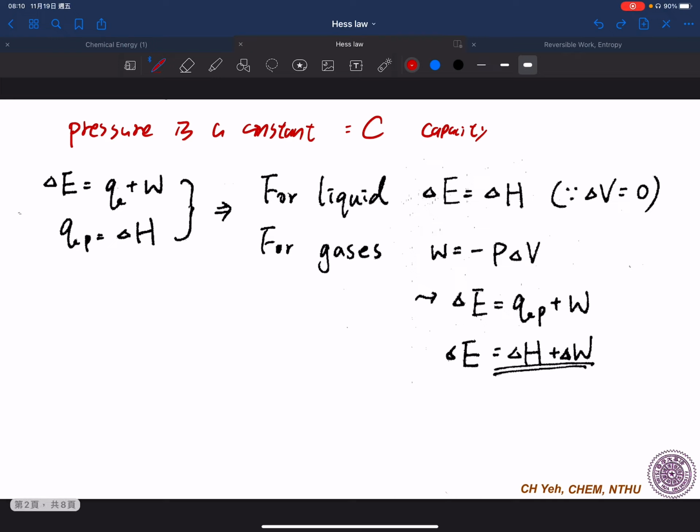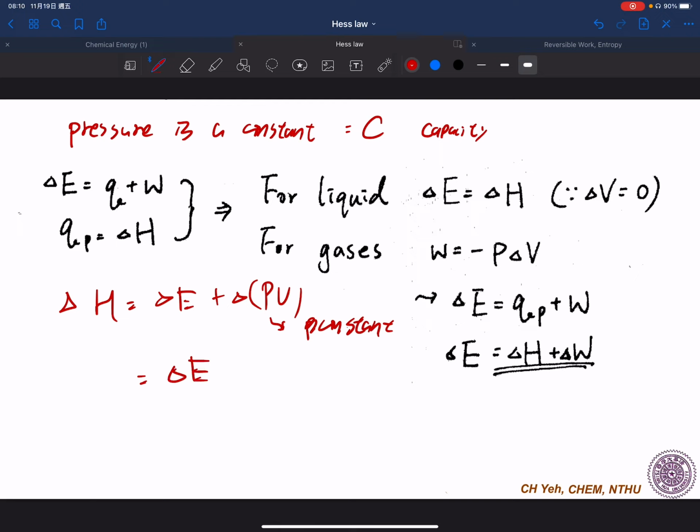Let's take a look over here. This is kind of a review. H equals E plus PV, and P is constant here. Since P is constant, this part can be E minus W. But why?